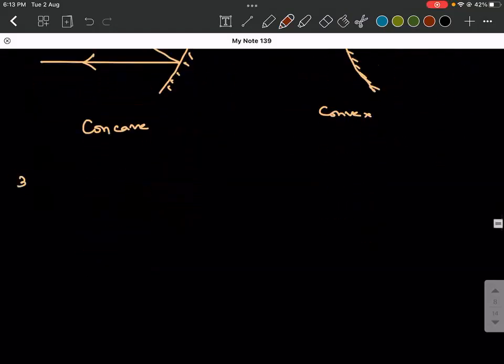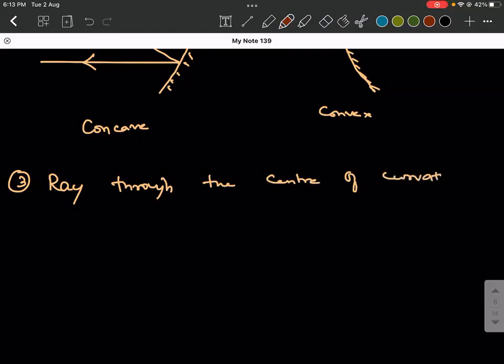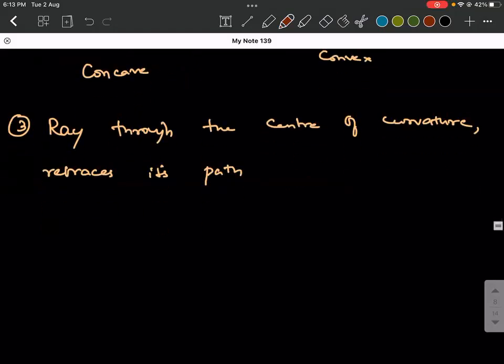Similarly, the third part is a ray through the center of curvature retraces its path. So a ray through the center of curvature retraces its path.